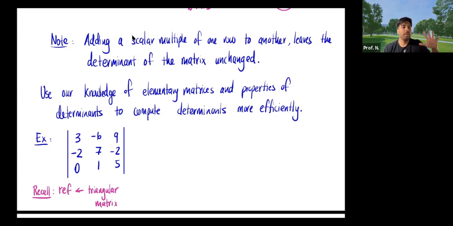This is not necessarily helpful for this one because we can do the trick for the 3x3, but let's say we do a 4x4 or 5x5, and we put that in upper triangular form, which is the row echelon form, and just multiply the diagonal entries, keeping in mind the operations we're doing, like switching rows. So let's do that for this, and then we'll look at a bigger example, and then we'll see how it's useful. So what's the first thing I would do here to put this in row echelon form?